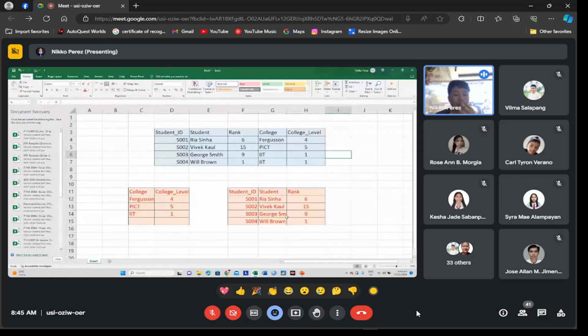Ato man siya gi-breakdown out from this reference. So this is our reference table, and this is our decomposition number 1.